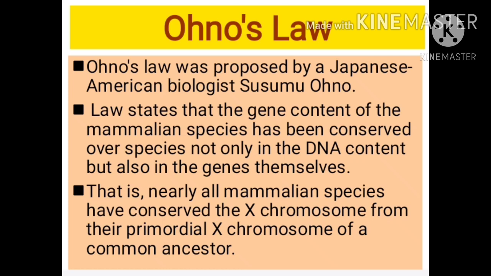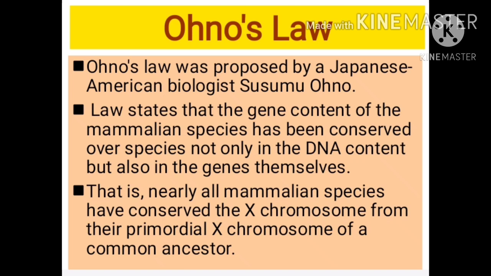According to Ohno, the DNA content as well as the gene content is conserved from species to species. That is, nearly all mammalian species have conserved the X chromosome from the primordial X chromosome of a common ancestor. That is, the X chromosome as well as the genes present in the X chromosome found in all mammals came from a common ancestor.